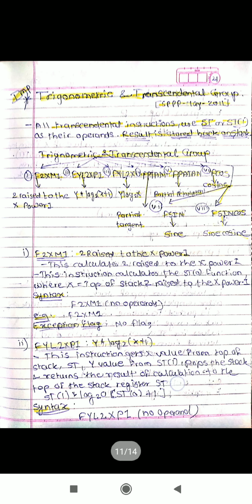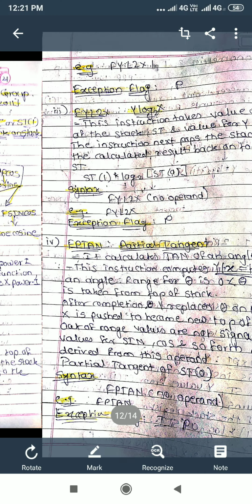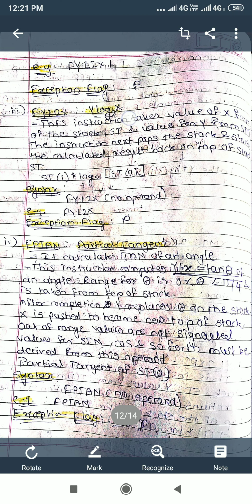Again fyl2xp1 is an instruction with no operand, and the example for this is the same with no operand. And the flag generated for this instruction is the parity flag.